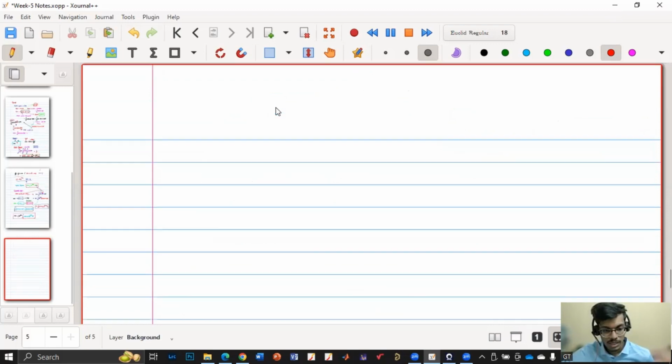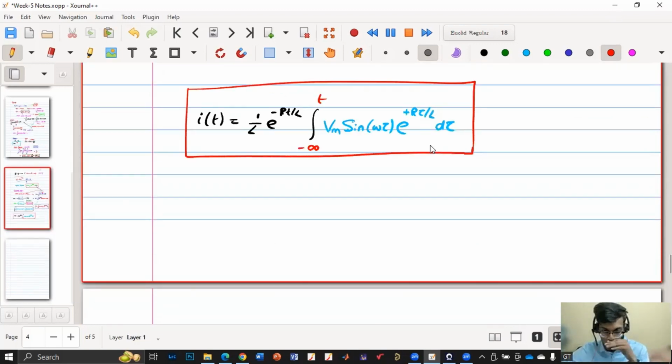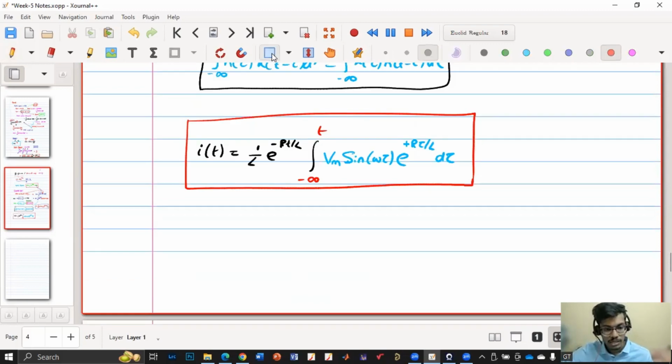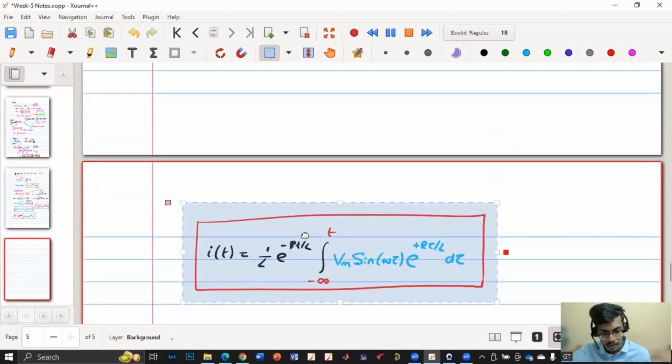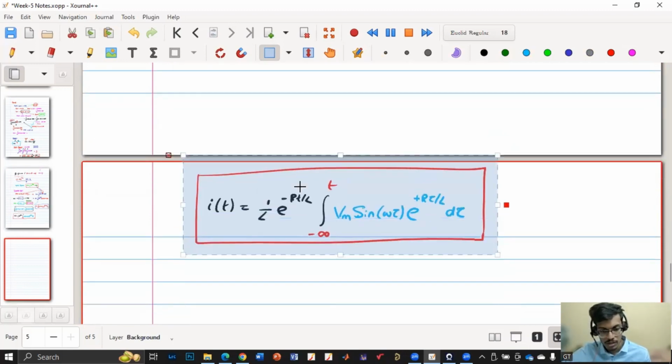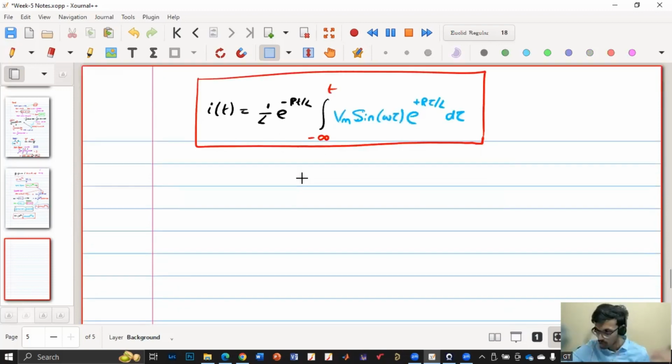Now this has become integration by parts, right? Do you recognize this? Is this integration by parts? Yes or no? So this is my new equation. So is this integration by parts? Yes or no? Anyone? This sine into exponential.